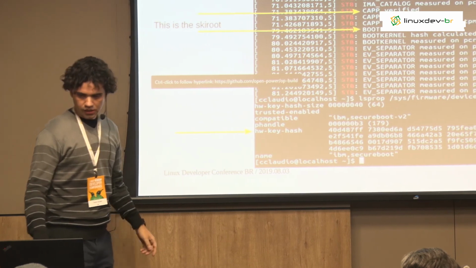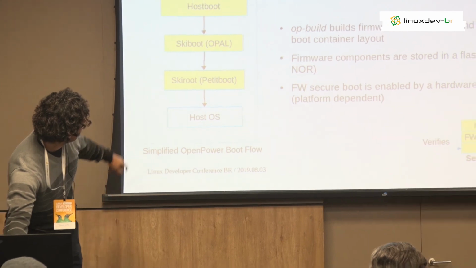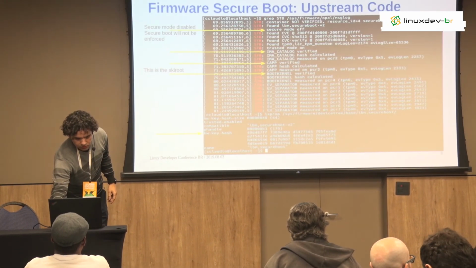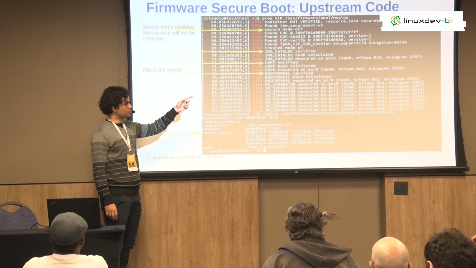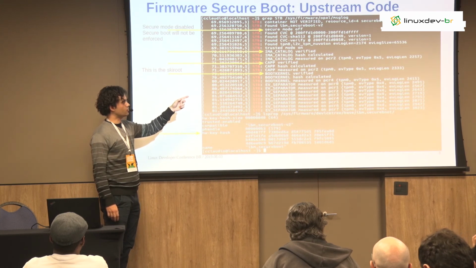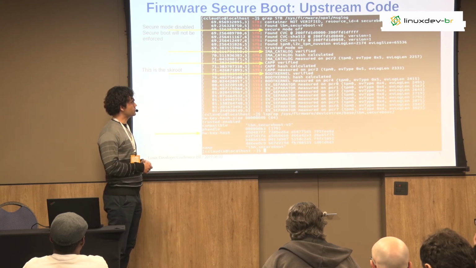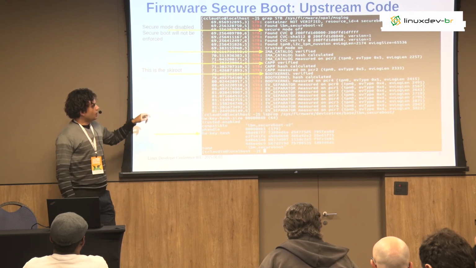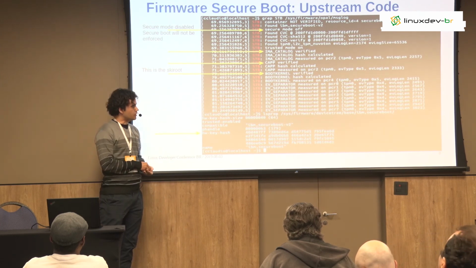Boot kernel is the Skiroot, this one here. Before executing these components, it loads them and verifies the signature of the component. And then it will execute only if it's trusted, if it was signed with the hardware keys. But up there, you can see that secure mode is not enabled, it's off, because the jumper is not set.